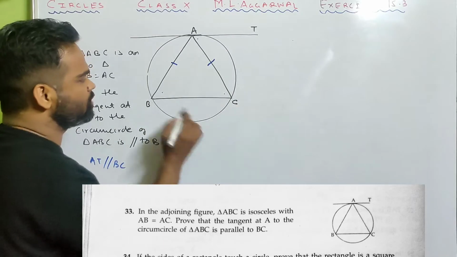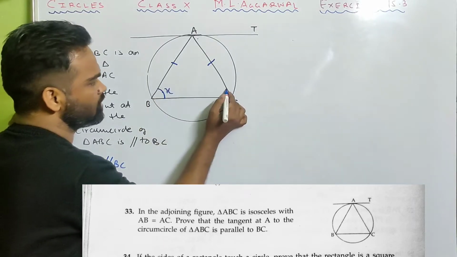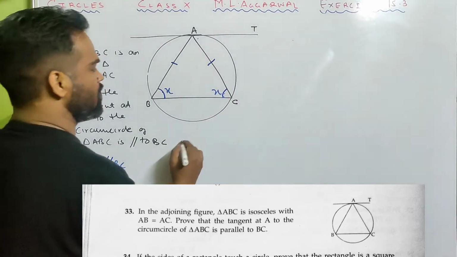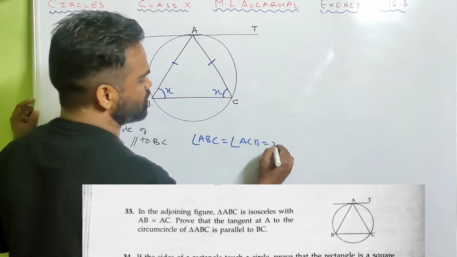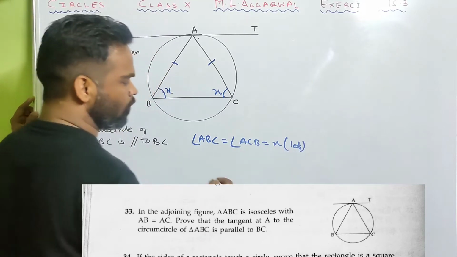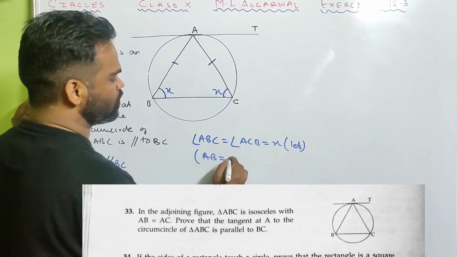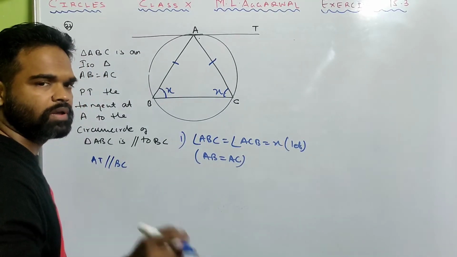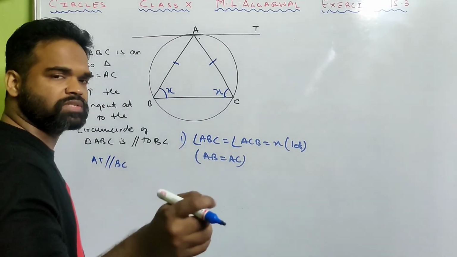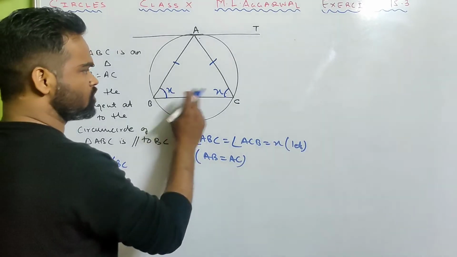That is given to us, which means angle ABC will be equal to angle ACB, equal to X. Why are they equal? Because AB is equal to AC, and in an isosceles triangle, the angles opposite to equal sides are equal. So these two angles are equal.